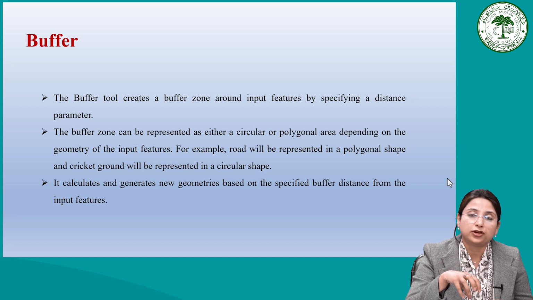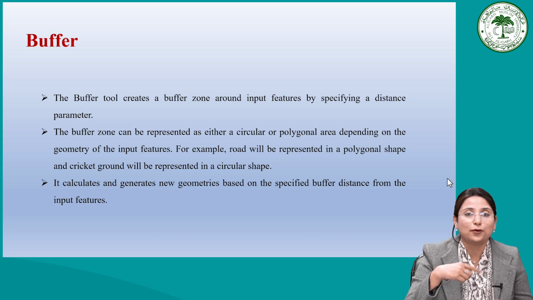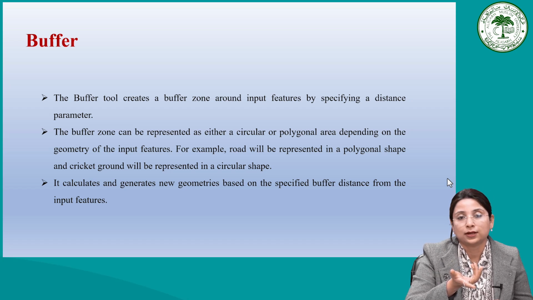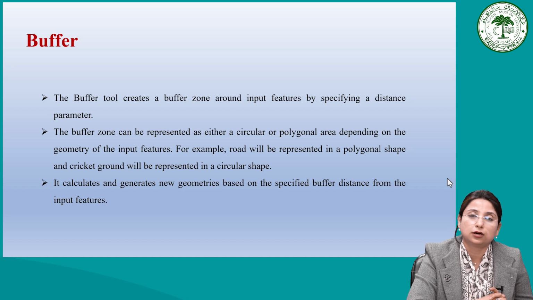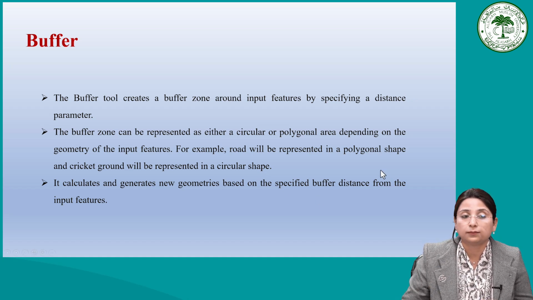So if the boundary of the input feature is very erratic, then the buffer of that boundary will also be erratic in shape. The buffer tool calculates and creates a new geometry that is closely related to the input layer.